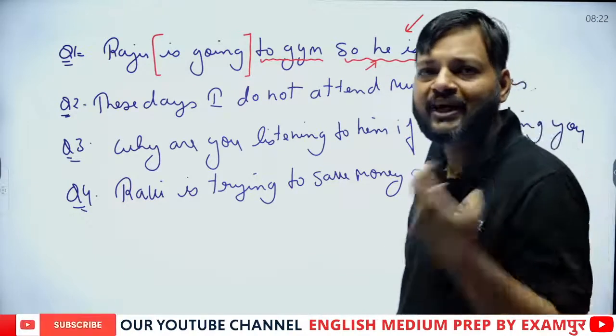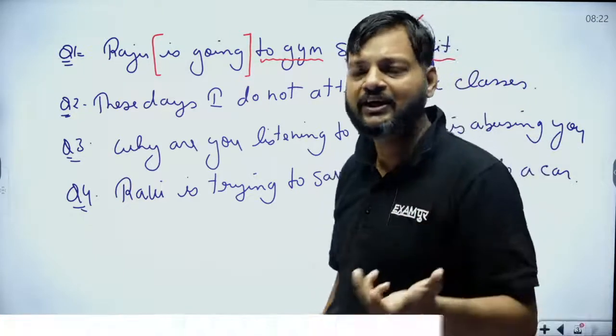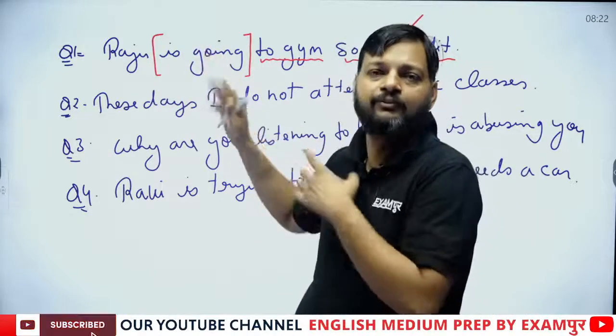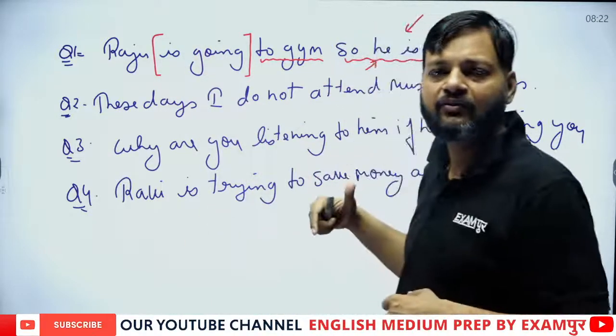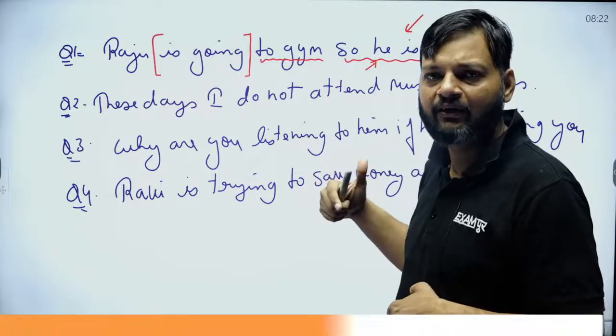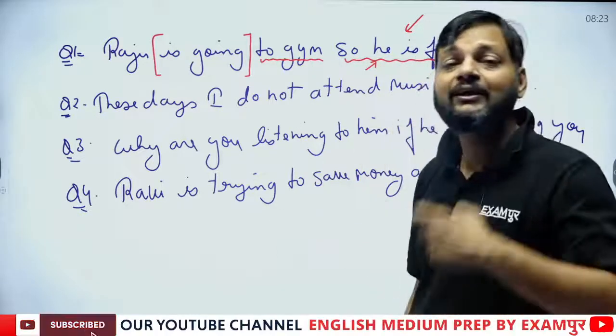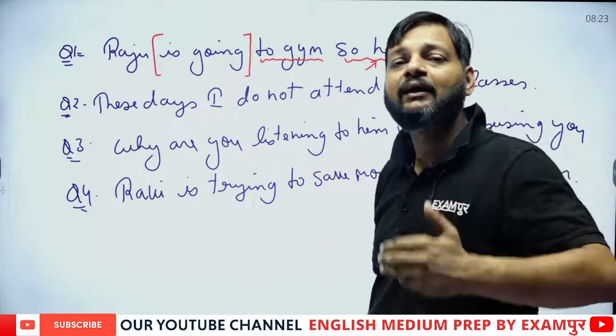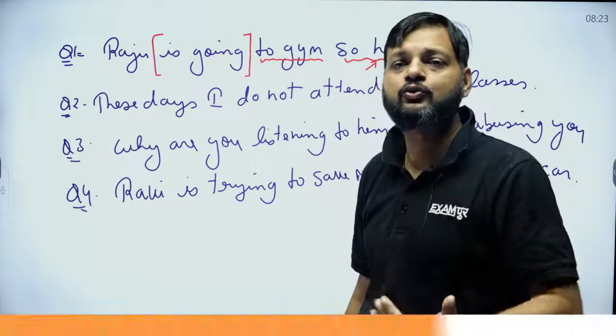This clause suggests that Raju is permanently going to gym. Because in the second clause, it reads that he is fit. So if Raju is fit, that means he permanently in a routine goes to gym.